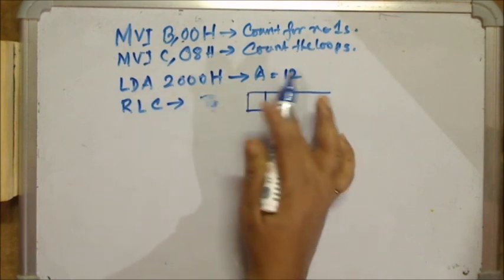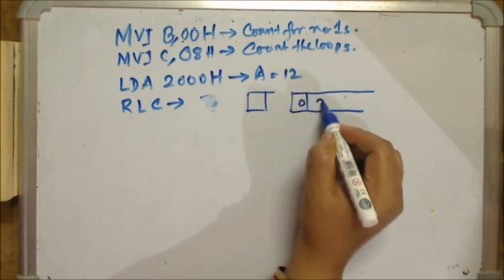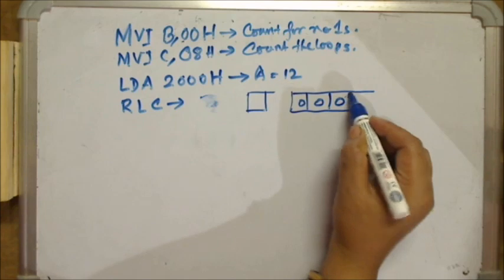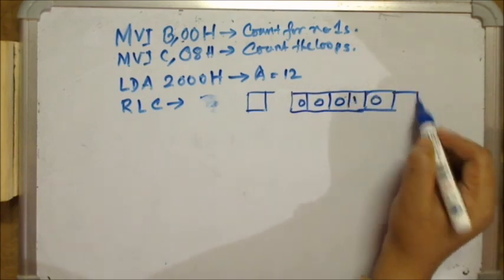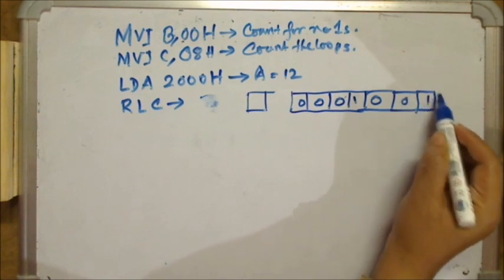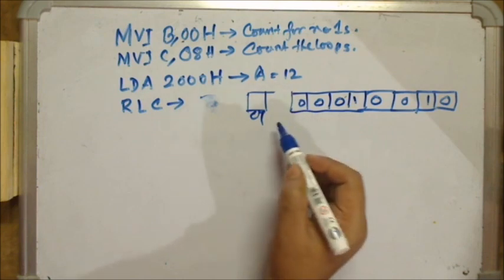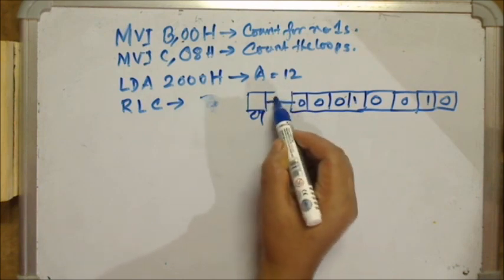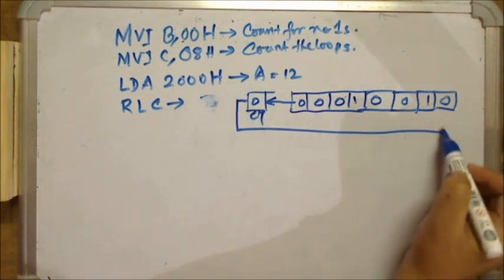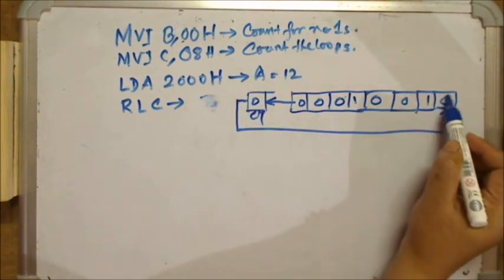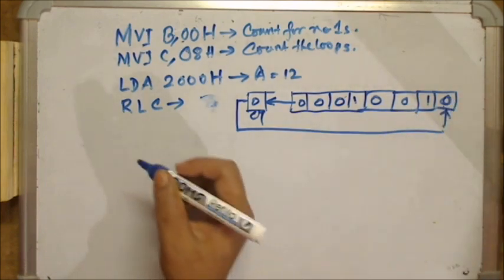This is your carry and this is your number 0001 0010. So after you write RLC, what will happen? This 0 will come here, and then this 0 will go here.